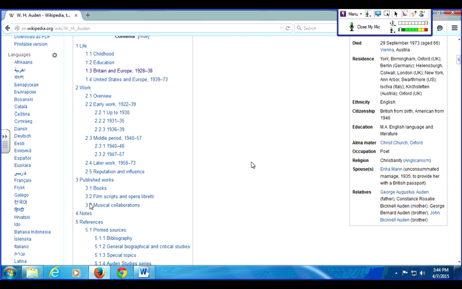What we want to focus in on, you'll see, is the different time periods for his poetry. As he got older, what he wrote of and what he believed changed. If you want more detail, you can read through this on your own.